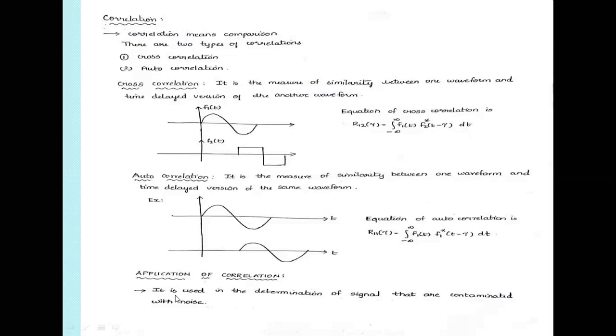Applications of correlation: it is used to determine signals that are contaminated with noise. Next one, cross correlation for the energy signals.